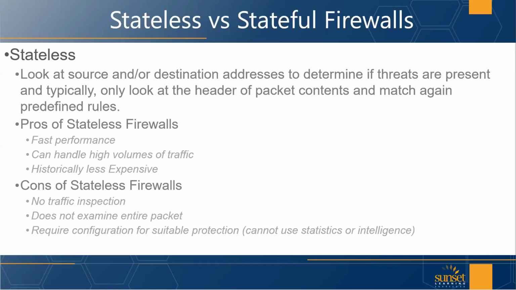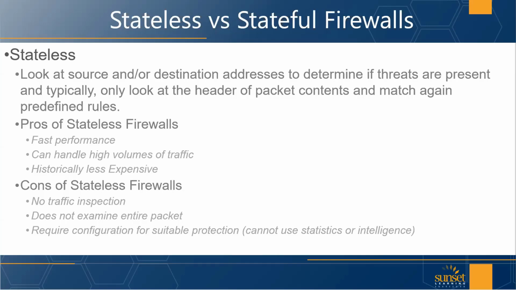Now, the very things that make it fast are some of the cons, right? We don't have traffic inspection. We don't look inside the packet to see if there are issues. Again, we don't examine the entire packet, so we can't see if there are checksum differences on a packet or SHA-256 hashes. We don't look at any of that. And it will require configuration for suitable protection.